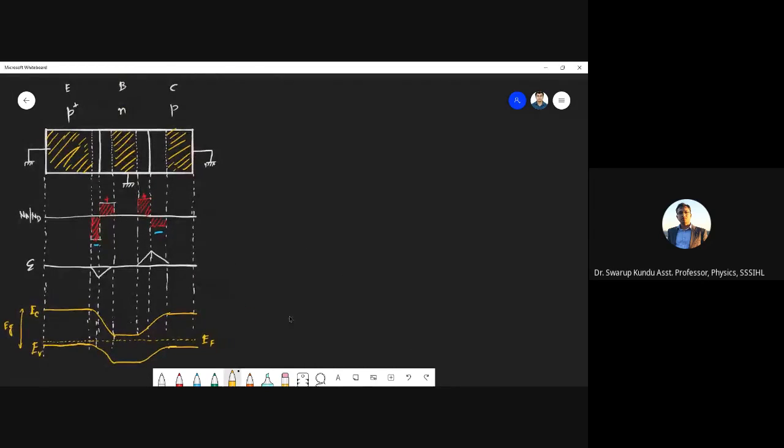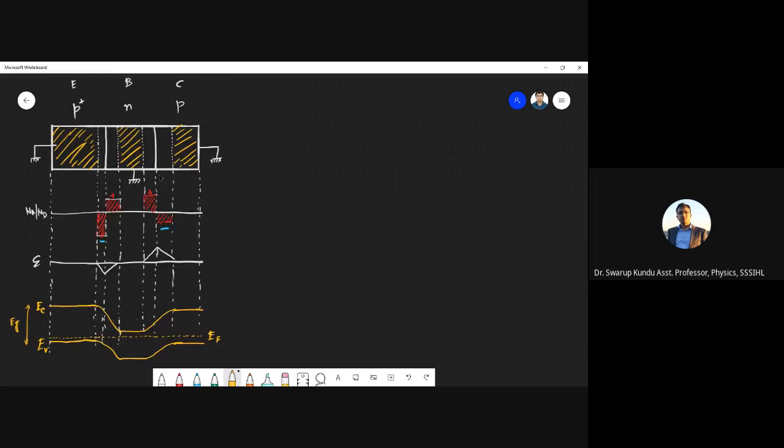No, just below you cannot do because we need to modify this depletion width. In active mode, the emitter base junction will be forward biased, so this depletion width will be lower, and the base collector junction will be reverse biased. So our depletion width will be more than this.